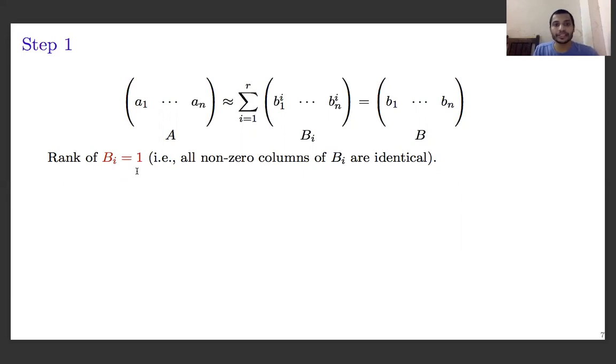We are given a matrix A and an integer r, and we want a matrix B which has rank at most r, and which is close to A in the sense that for any jth column, the Hamming distance between the jth column of A and the jth column of B should be minimized. I want to minimize the maximum over j of the Hamming distance between column j of A and column j of B.